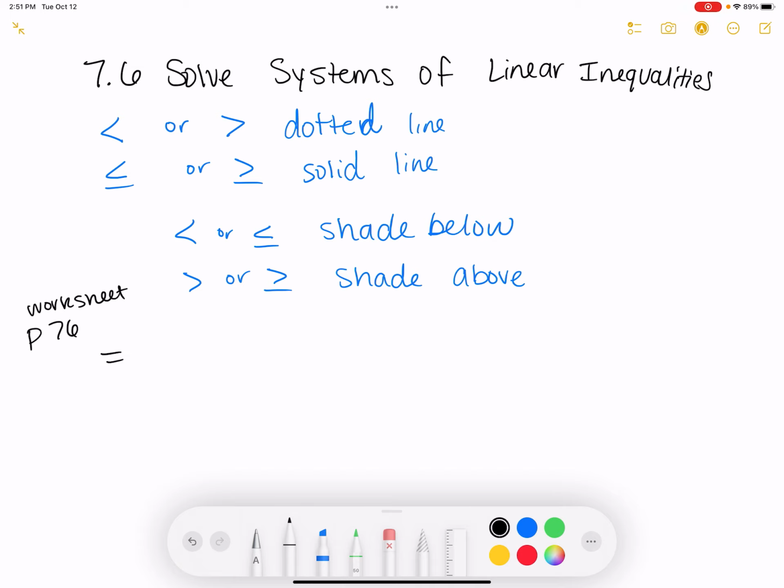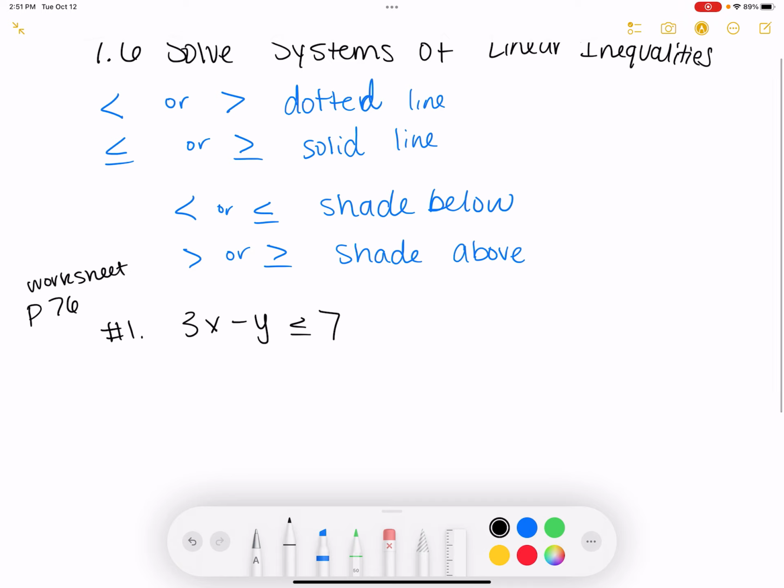So starting with number 1, we've got 3x minus y is less than or equal to 7. All right, so I need to get this in y equals mx plus b form. So how would I get y by itself? I'm going to move the x over, so negative y is less than or equal to negative 3x plus 7.